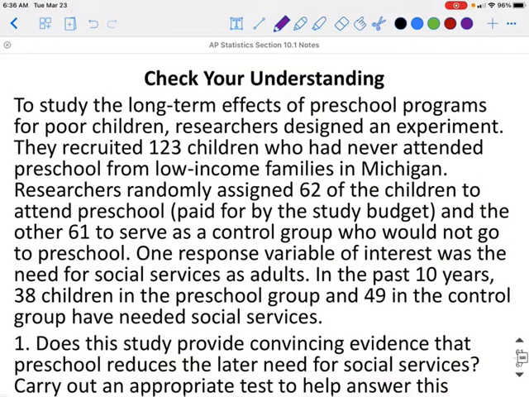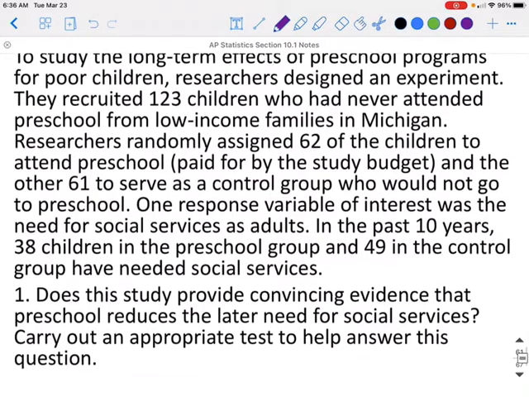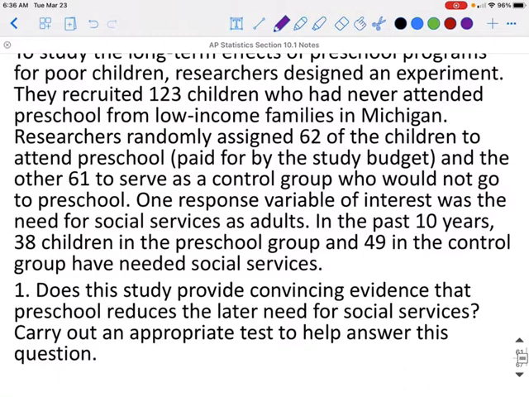So let's check our understanding. To study the long-term effects of preschool programs for poor children, researchers designed an experiment. They recruited 123 children who had never attended preschool from low-income families in Michigan. Researchers randomly assigned 62 of the children to attend preschool, paid for by the study budget, and the other 61 to serve as a control group who would not go to preschool.